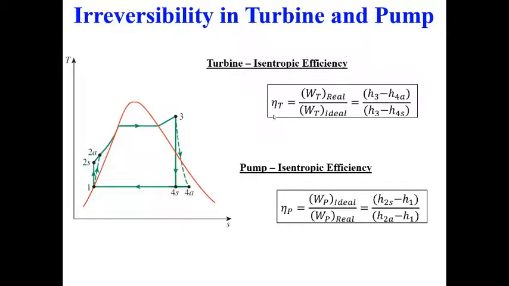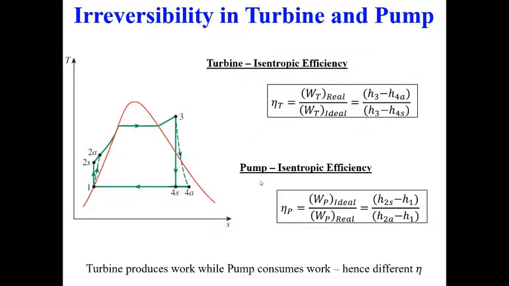Similarly, we can define isentropic efficiency for the pump. So eta P is the ideal work input requirement for the pump divided by the real work input. The definitions of efficiency for turbine and pump are different. Why? Because the turbine is producing work, giving positive work, while the pump is absorbing work.